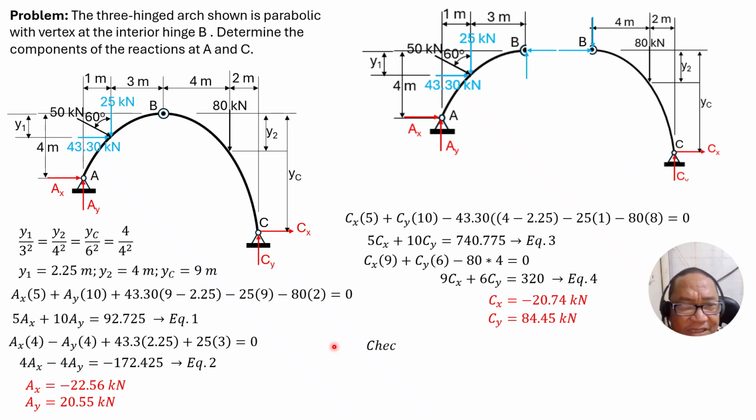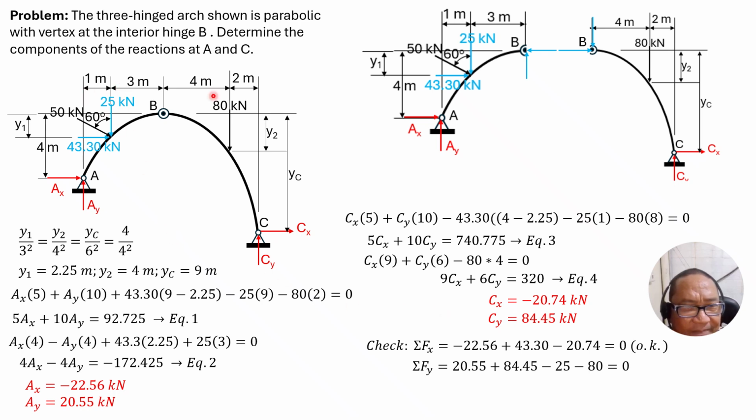Summation of forces in x equals Ax, which is negative 22.56, plus 43.30, plus Cx, which is negative 20.74, and it is 0, so that's fine. Summation of forces in y equals Ay 20.55 plus Cy 84.45 minus 25 minus 80, and that is also 0.